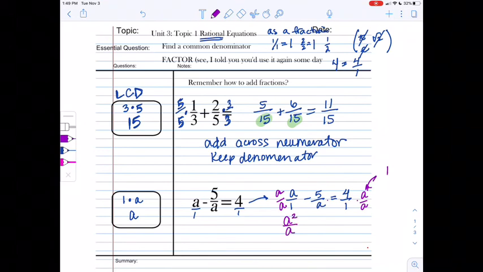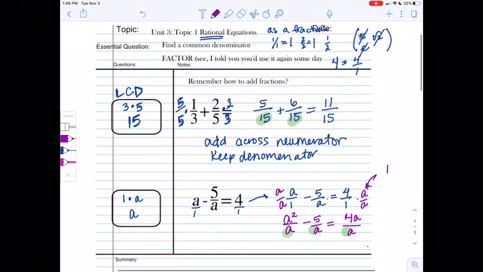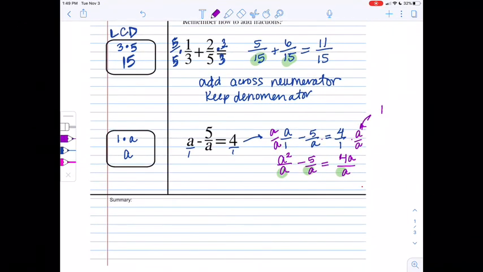Multiplying across the numerator and the denominator. I don't have to multiply anything here. 4 times a is 4a. 1 times a is a. And now that I have a common denominator, I can add across. So I have a squared minus 5 equals 4a.